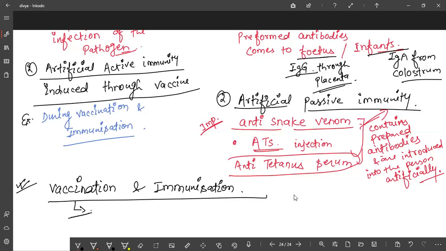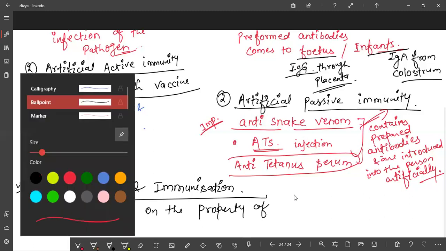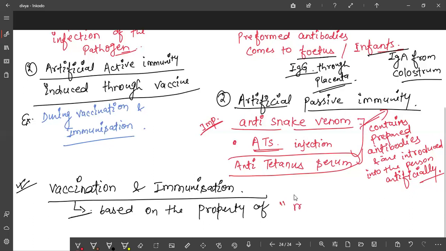So vaccination and immunization are based on the property of memory of the immune system. And what is the mechanism? How does vaccination work?